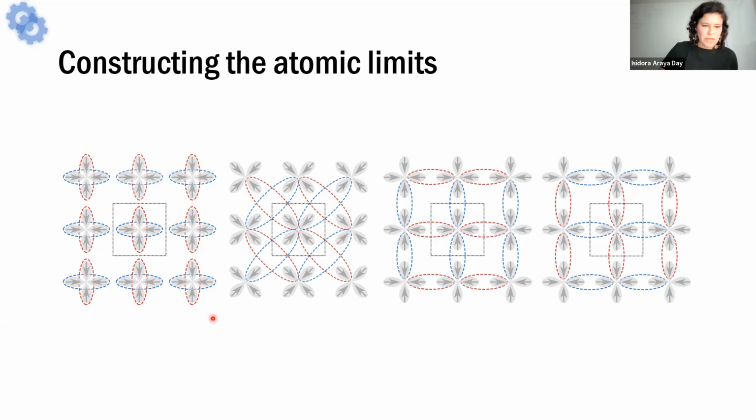So, for example, in this atomic limit, if we only consider the number of unit cells that are shown here, we see that each unit cell has two states in it. So the trivial phase does not have any boundary modes.